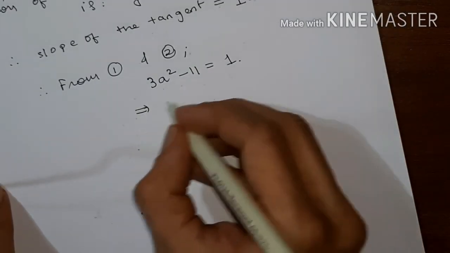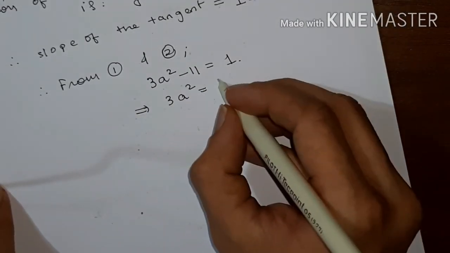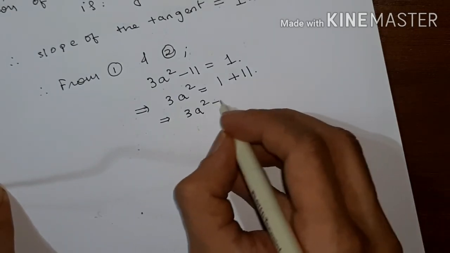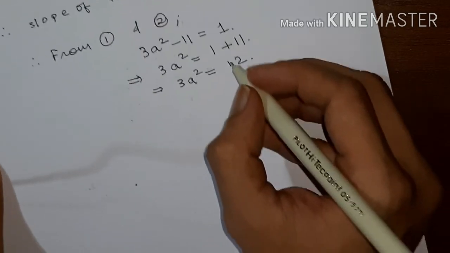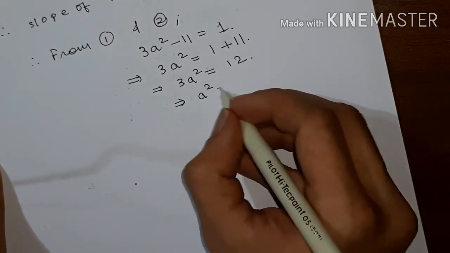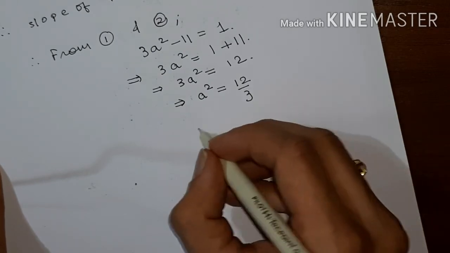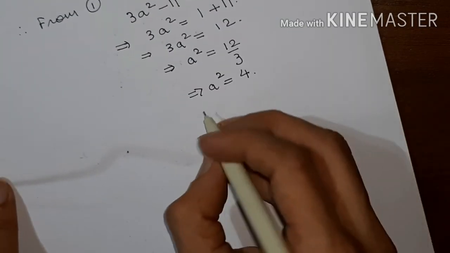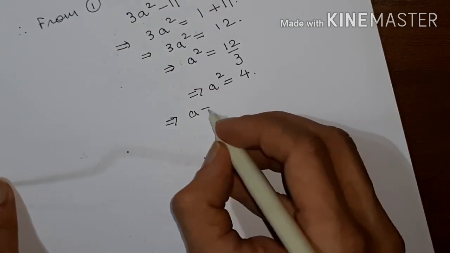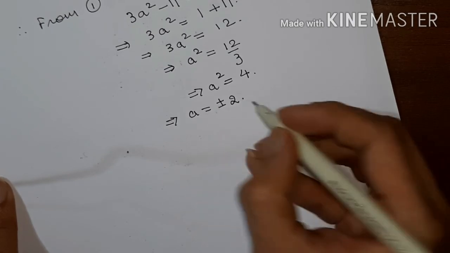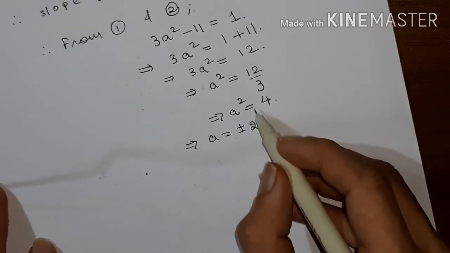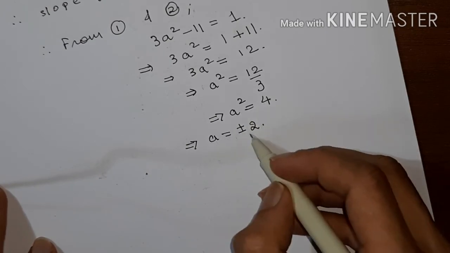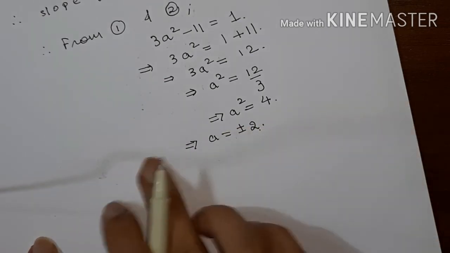So 3a square is equal to 1 plus 11, that is 3a square is equal to 12, so a square is equal to 12 divided by 3, which is 4. That means a is equal to plus or minus 2.